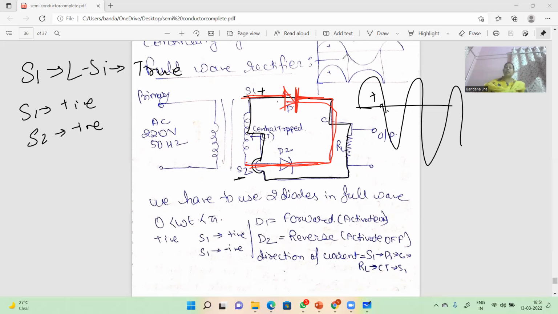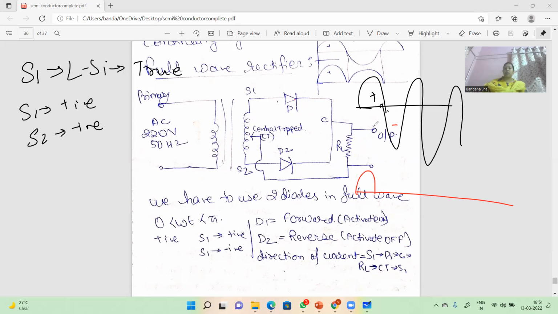Now, what happens when the negative cycle comes? When my negative cycle comes, here the wave is positive. Now, what about negative? Sorry, S2 is positive, S1 is negative. Reverse bias. So we are neglecting D1 because it makes very few microampere.